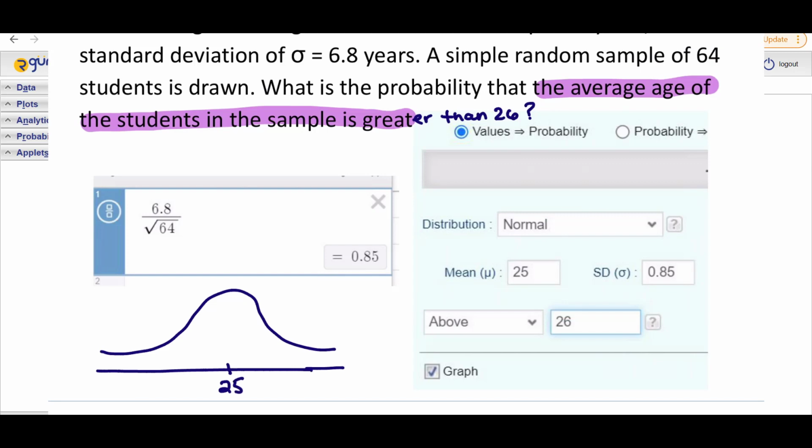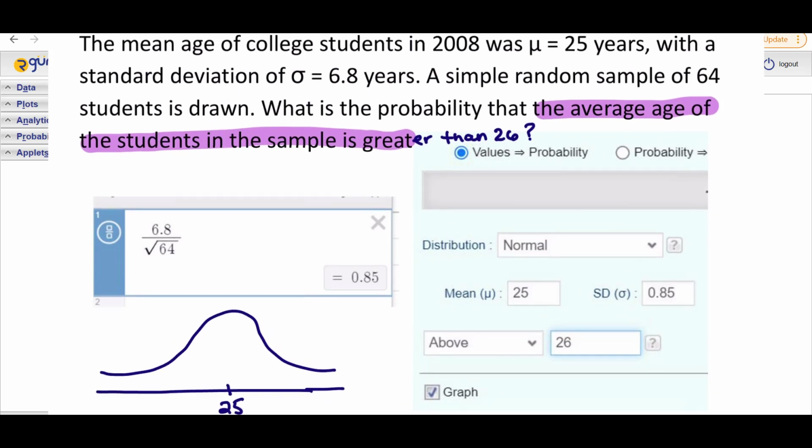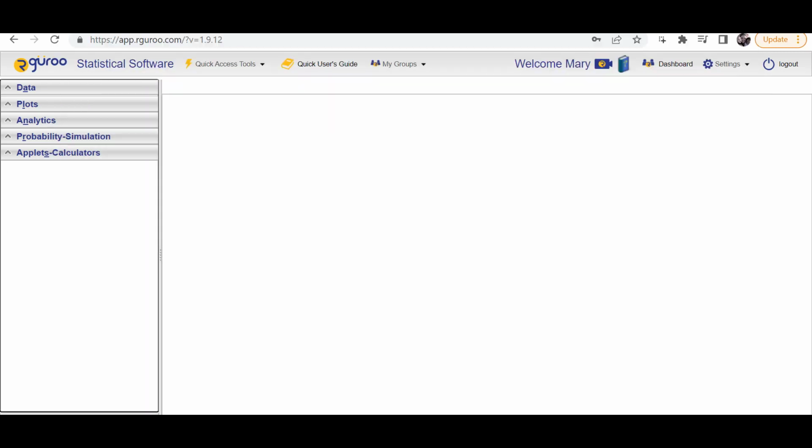And then the standard deviation of the sample means, which is the standard error, would be the standard deviation over the square root of n, which you can see I used a calculator to calculate here. Now, where did I get that from? I just want to show you real quick.